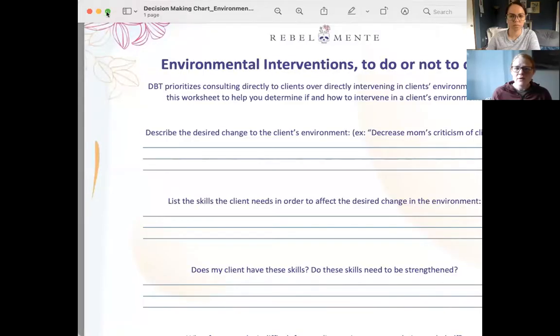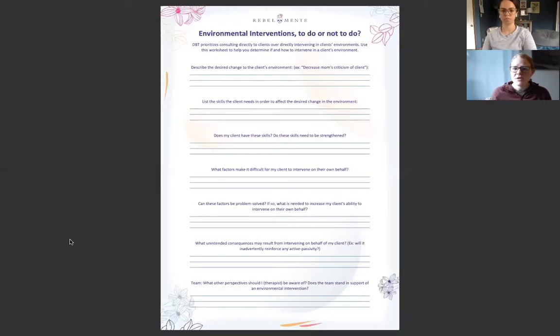And so the solution that I would bring to this is just practicing mindfulness. I've got a handout here I'm going to walk you through that might help. It has a series of questions that you could go through with your team, that asks you to bring some mindful attention to the process of intervening in an environment. And this is specifically if you're going to directly intervene.